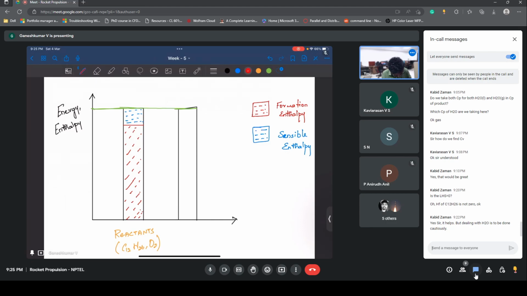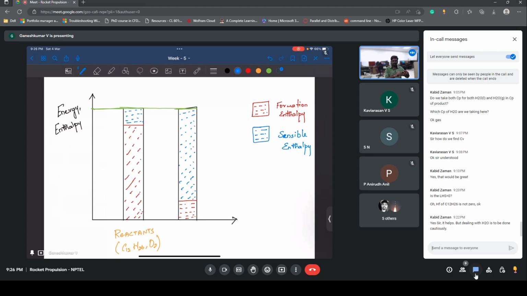Look at it carefully. In the product side, you are going to have very little formation enthalpy and very high sensible enthalpy, and that is the reason you have a very high temperature. So reactants at 298 Kelvin have formation enthalpy and some sensible enthalpy. Now I converted into products.